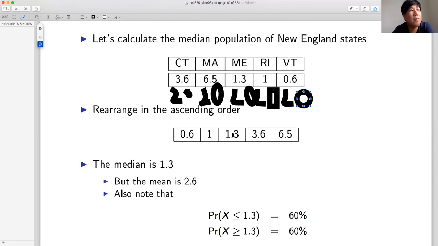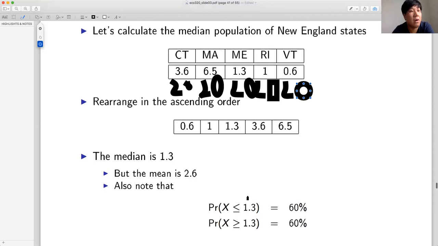So we first need to find the cumulative probability. For example, the probability that x is less than or equal to 1.3. Less than or equal to 1.3 includes what? 0.6, 1, and 1.3, right? These three. So the probability that any random variable is less than or equal to this one includes 3 values. So add 20% plus 20% plus 20%, that is 60%.